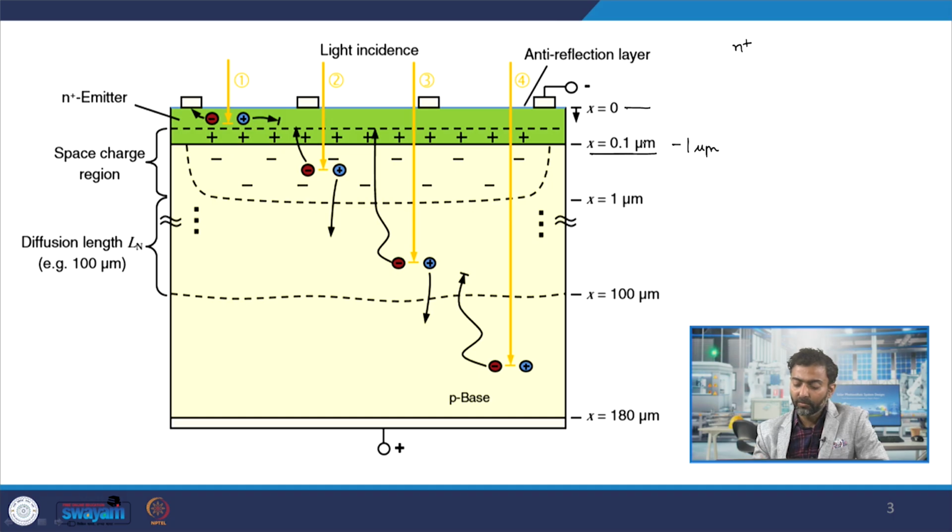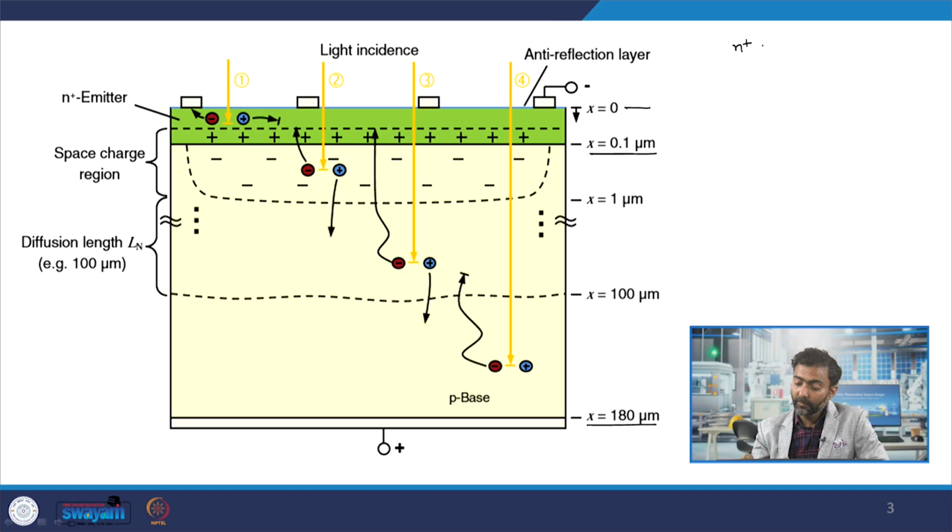So, you have x equal to 0.1 micrometer, that is the depth up to which you have the n plus emitter. And on the p side, the final extreme end of the p base says x equal to 180 micrometer. So, here the ratio of doping would be even more stringent.